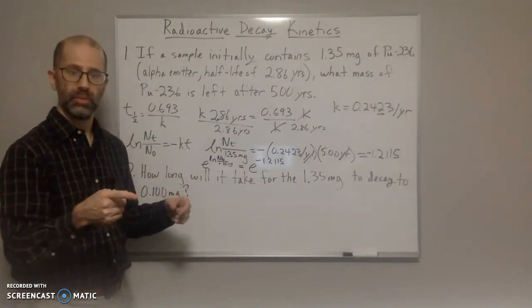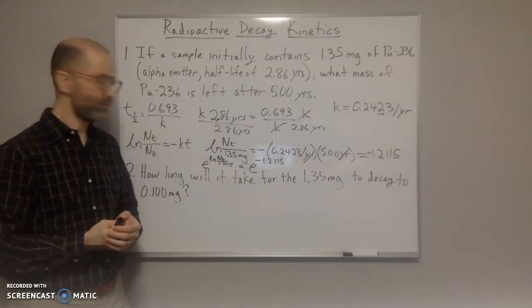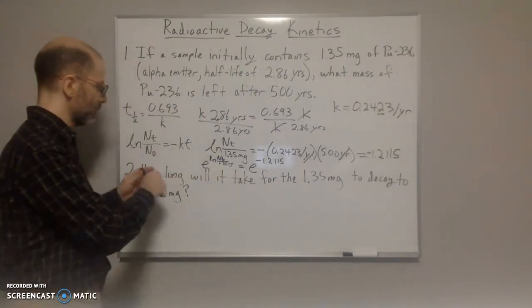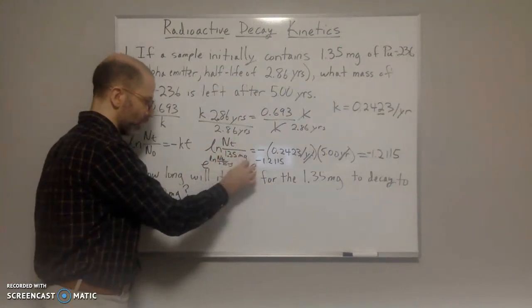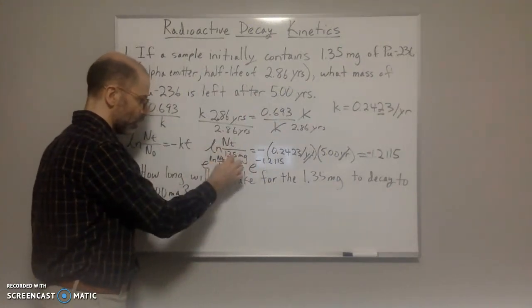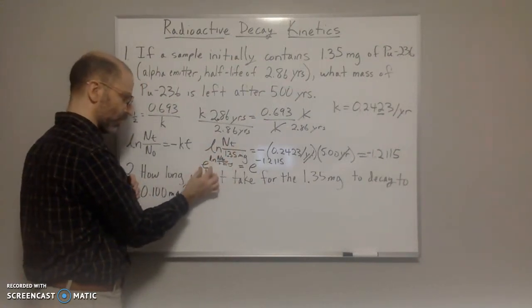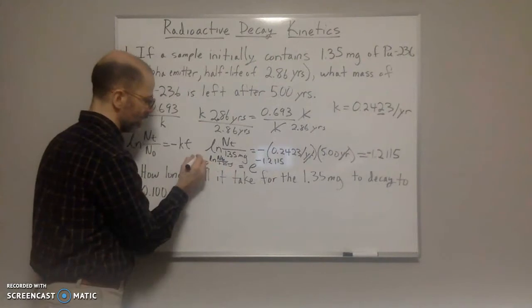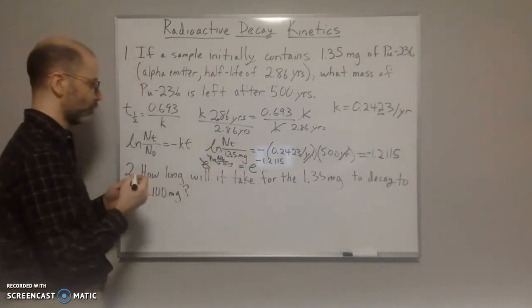If you square something and then take the square root of it, you get back what you had before. It's the same thing here. I had n_t over 1.35 milligrams, taking the natural log of that. If I raise this whole thing as a power of e, then the e and the natural log cancel out, and I get back what I had before.